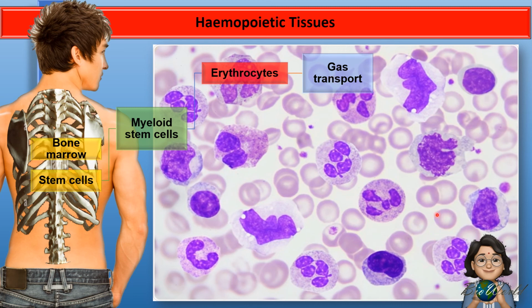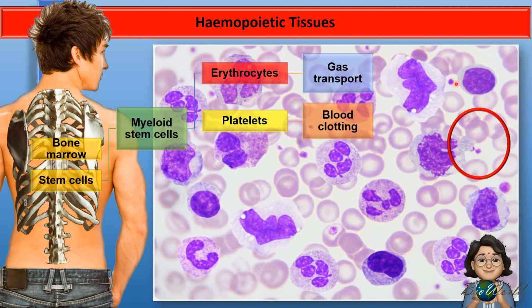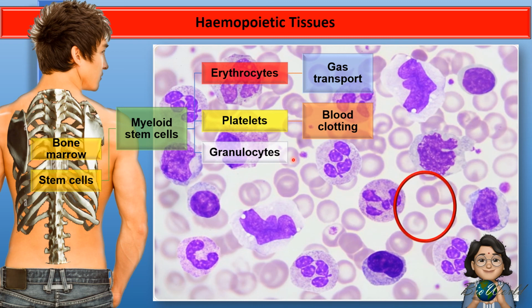So in this blood smear, the erythrocytes are these circular cells which have no nucleus. Myeloid stem cells also produce platelets. You find them here as these tiny dots. They are necessary for blood clotting. Myeloid stem cells can also produce white blood cells like granulocytes.